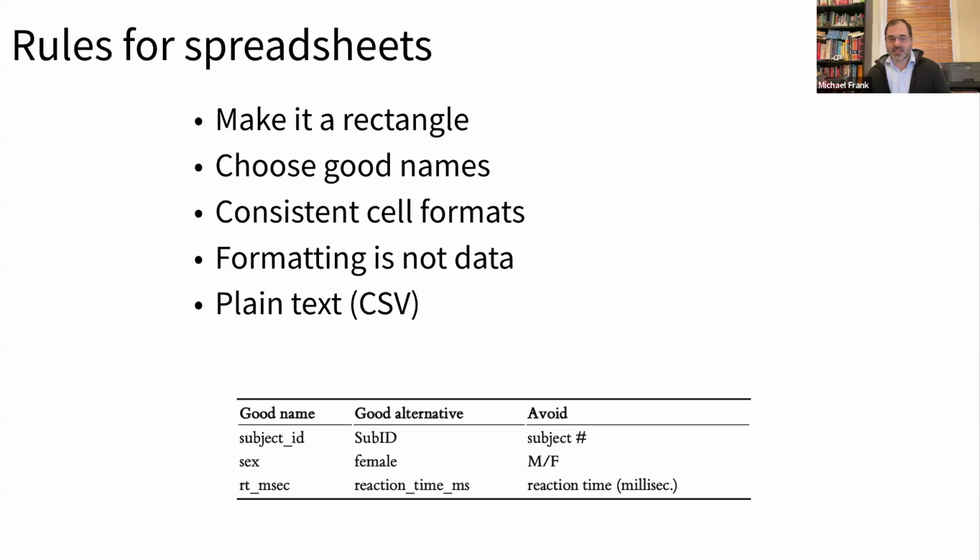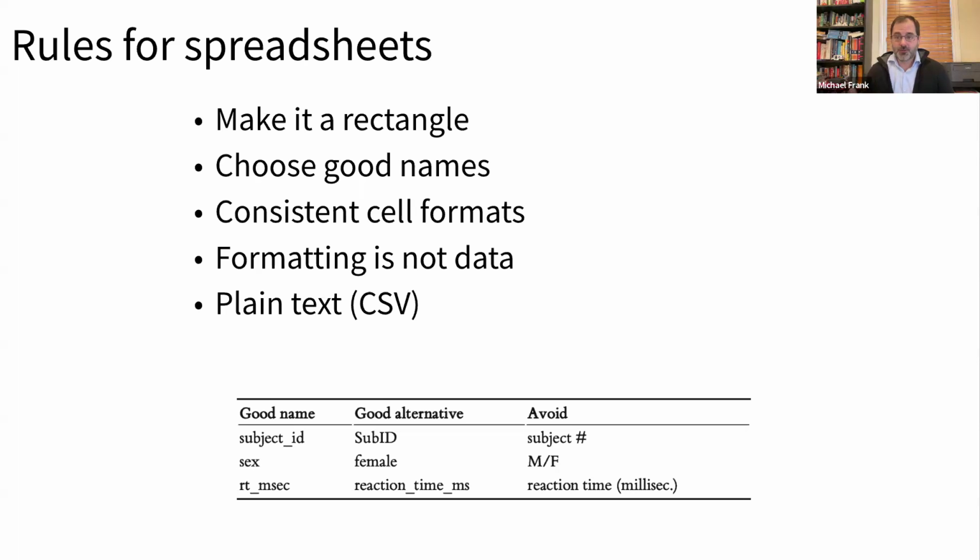RT milliseconds, it's got the units in there, that's good. An alternative might be reaction time in milliseconds, but try to avoid the periods and the verbose names. So you want something that's machine readable. And then formatting of a spreadsheet is not data.